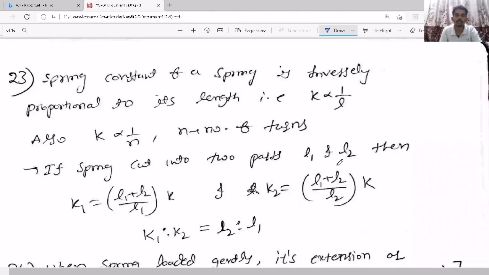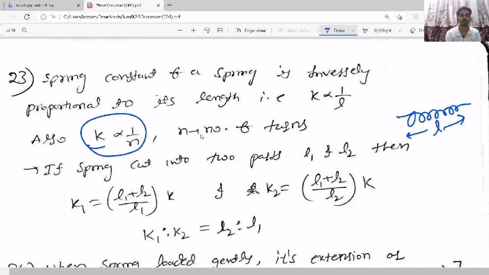Now, the spring constant of a spring is inversely proportional. The question is about the spring constant being proportional to the number of turns or length. Less length means stronger, more length means less strong. So the stiffness or force constant is inversely proportional to the number of turns or length.